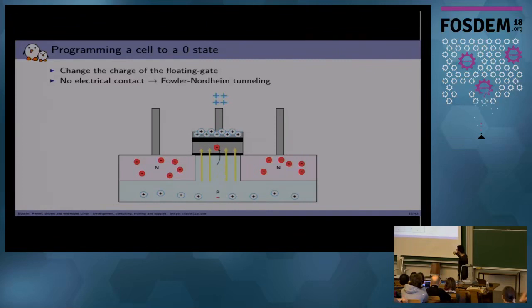This oxide is a bit thicker than this one, so electrons could tunnel through this one, but not through this one. Otherwise, you wouldn't have any charges stored. So this is called programming a cell to a 0 state, because once you have electrons there, you can't have any more current there.